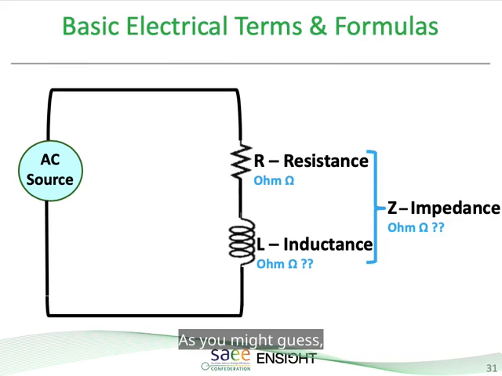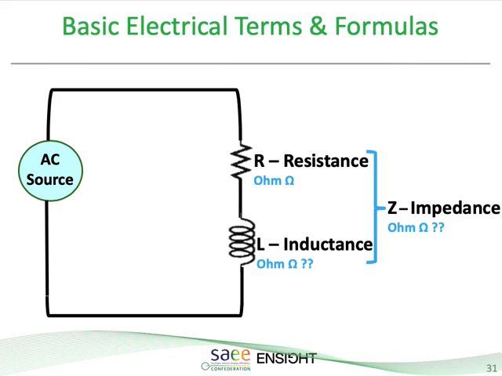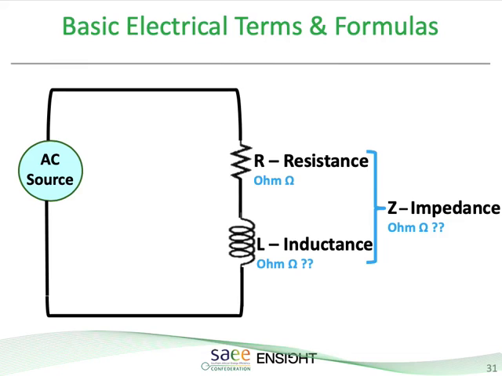As you might guess, 1 henry is a fairly large inductor. When the alternating current goes through an impedance, a voltage drop is produced that is somewhere between 0 degrees and 90 degrees out of phase with the current. Impedance is mathematically symbolized by the letter Z and is measured in units of ohms in complex form.